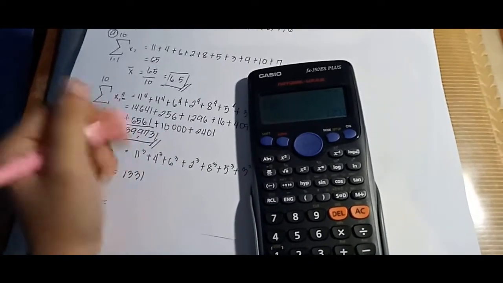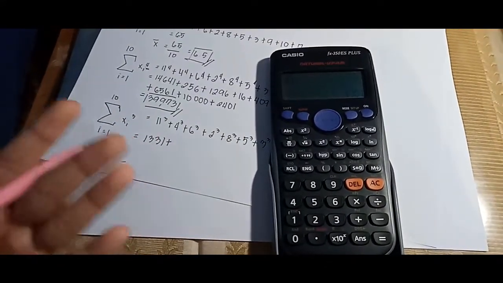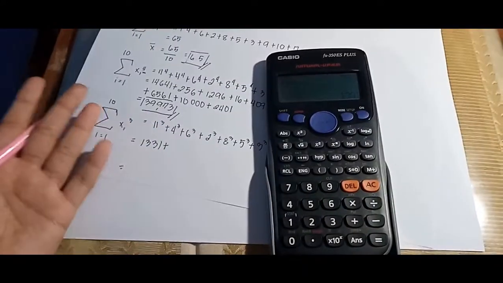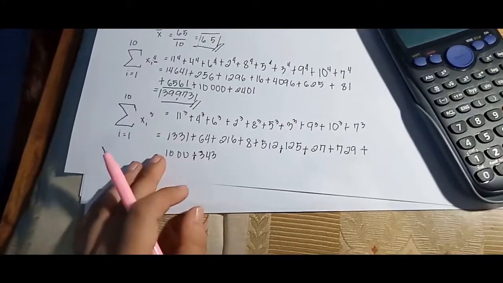plus, and then I'm gonna repeat what happened earlier. So, I'm just gonna do it. I'm gonna solve it and I'll be back after solving it. Okay, so I have solved all of it.